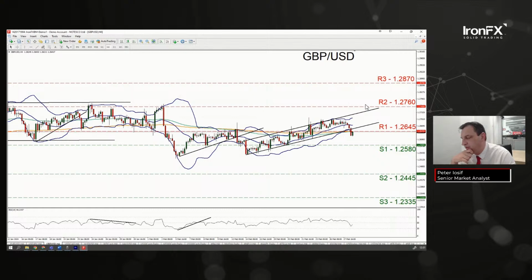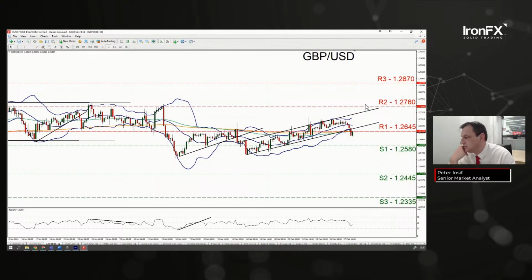But the widening of the Bollinger Bands may allow the price action of cable to renew its bearish tendencies, probably aiming, if not testing, the 1.2580. And should the S1 be broken, the next possible target for the bears, we are setting it pretty much lower, 135 pips lower at 1.2445.